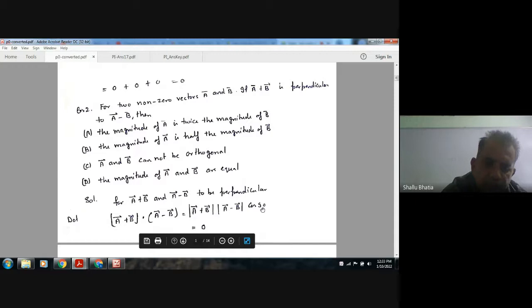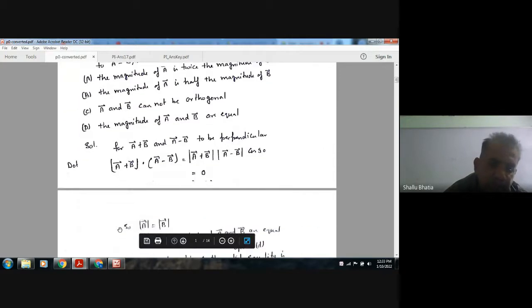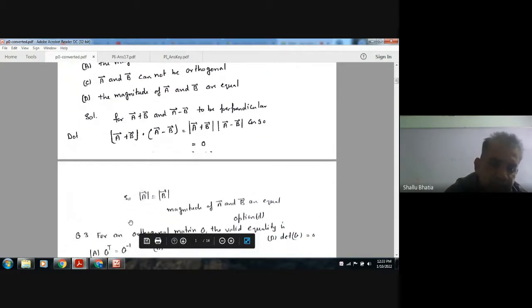And cos 90 is 0, so it is 0. So if it is 0, then either A minus B is equal to 0 or A plus B is equal to 0, or we can say vector A is equal to vector B and vector A is equal to minus vector B. In both cases, the magnitudes of A and B will be the same. So the answer is option D.